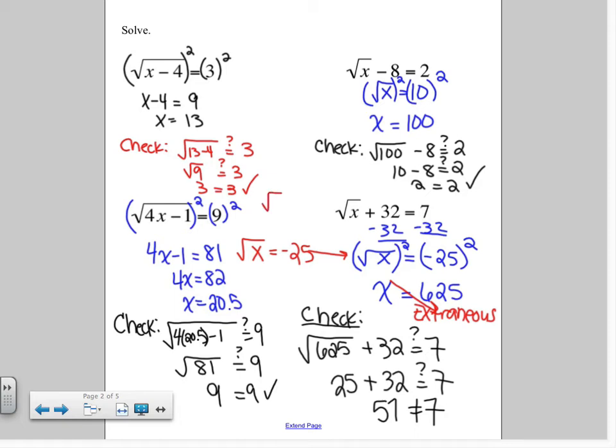Just like if I said, what's the square root of 4? You're going to tell me positive 2, not negative 2. So as soon as you get down to something where the square root of x is equal to a negative number, you know that your solution is going to be extraneous. So in this case, the solution to this equation is no solution. Nothing works.